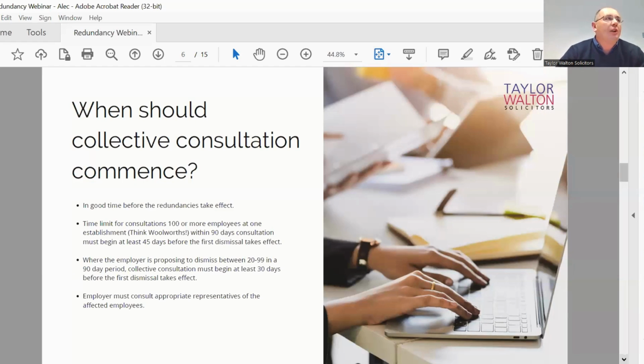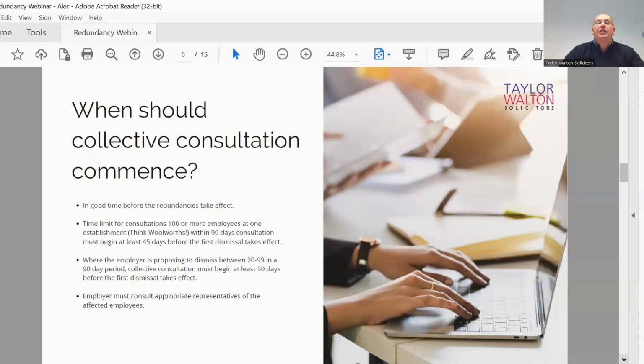The question is, what does one establishment mean? The leading case on this, and that's why I put it in brackets there, think Woolworths, is the case of the employees against Woolworths, which looked at what constitutes one establishment.